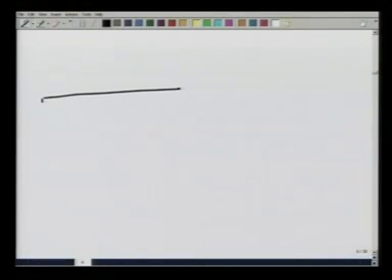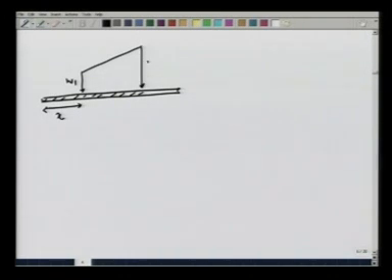Next, I will consider one more example where the loading is trapezoidal. That means the loading starts at x1, but it has a finite amount W1, then it goes up to W2 per unit length at distance x2.